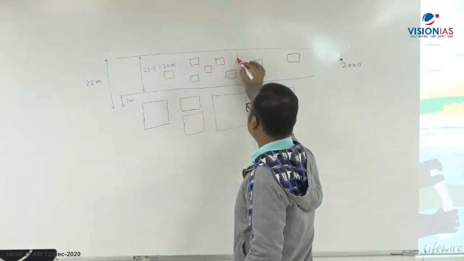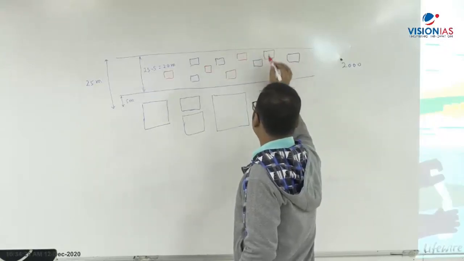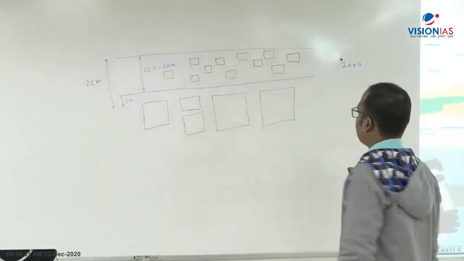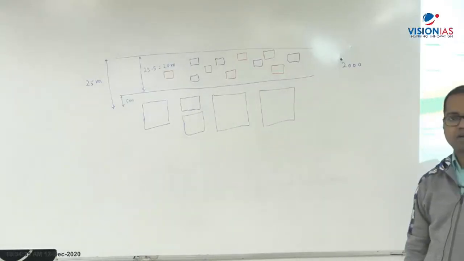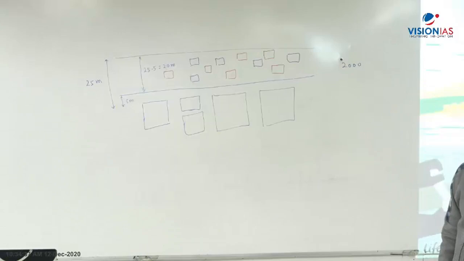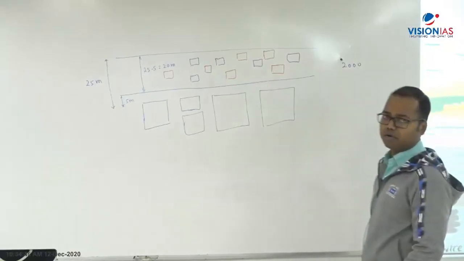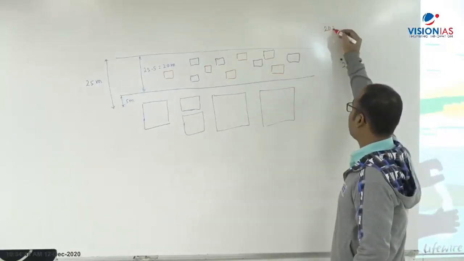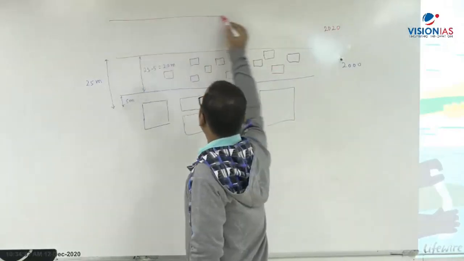So many other vehicles came onto the road, okay, which led to congestion or traffic on the road. Now the commuters were facing a lot of difficulty along with the people of your colony because there were too many vehicles on the road, right? So the government decided to broaden the road. It was 2020 when the government decided to broaden the road.